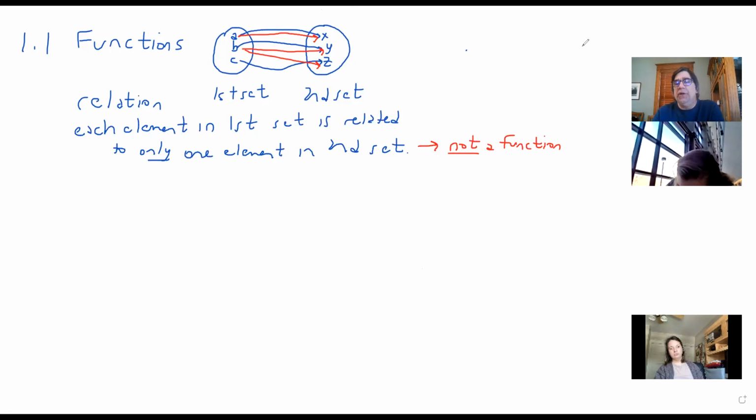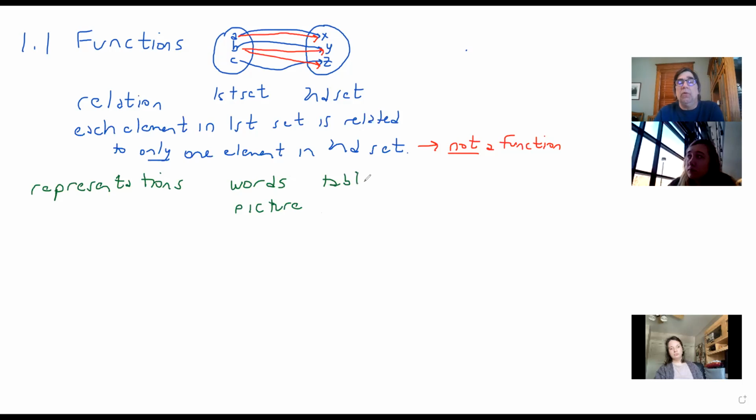The other thing to make sure you understand here is function representations. You can work with describing functions using words. You can draw a picture. You can have a table of values or ordered pairs if you want to put them that way.